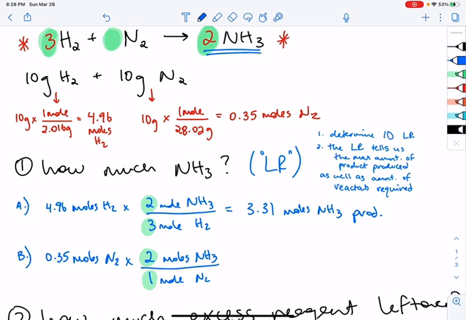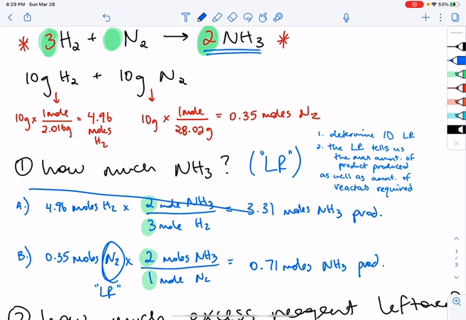So 0.35 times 2 is going to be equal to approximately 0.71 moles of ammonia produced. So look, the 2 reactants result in different amounts of product being produced. The nitrogen results in a lot less ammonia produced. So the nitrogen is going to be our limiting reagent, okay?